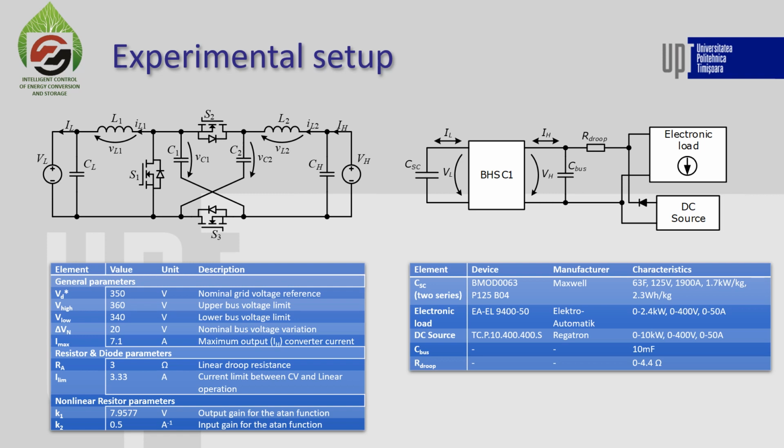Both the load and the source have a maximum voltage of 400 volts. The C-bus capacitor has a capacity of 10 millifarads, and the droop resistor has a maximum resistance of 4.4 ohms.